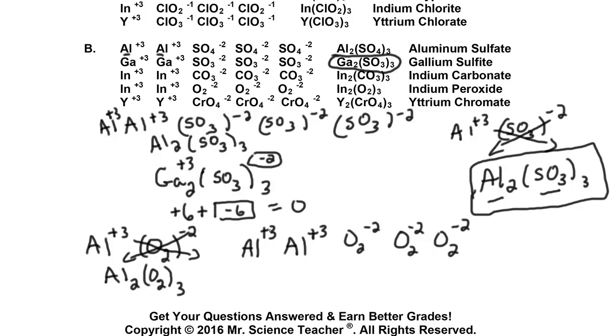So my math formula, +3 +3 -2 -2 -2, is how I get to 0. Since I'm at 0 now, I have 2 of the aluminum ions, and how many of these peroxide ions do I have? 1, 2, 3 of them. Aluminum peroxide. I'm hoping you're finding these a little bit easier and you're gaining that confidence.